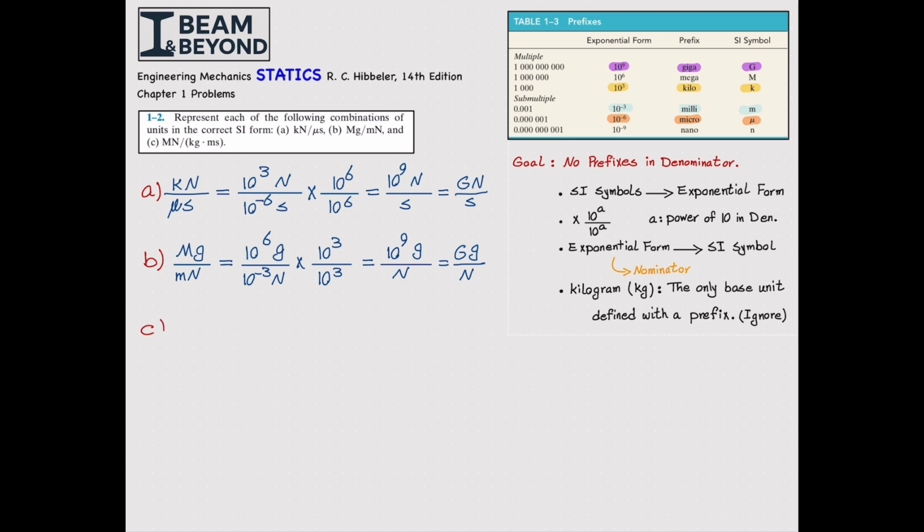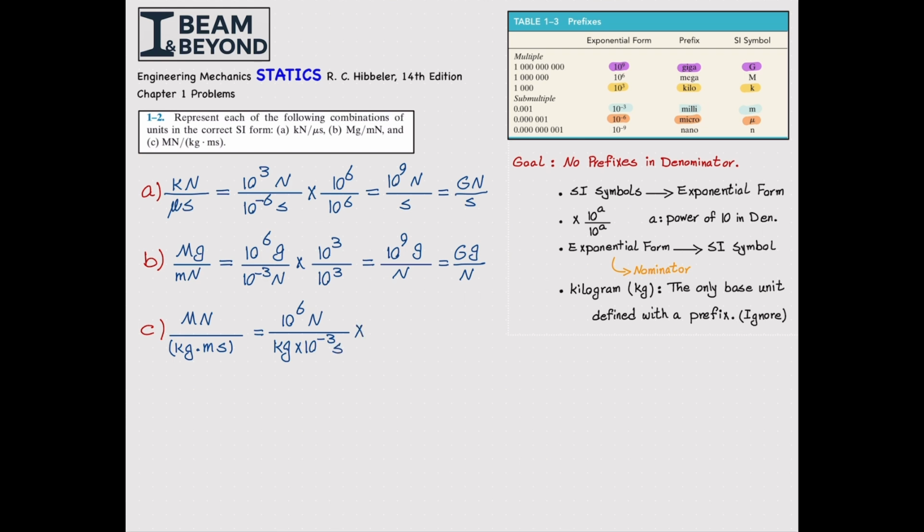Let's move to part C. In part C, we have meganewton over kilogram millisecond. So mega is 10 to the power of 6 Newton, kilogram times 10 to the power of minus 3 seconds.